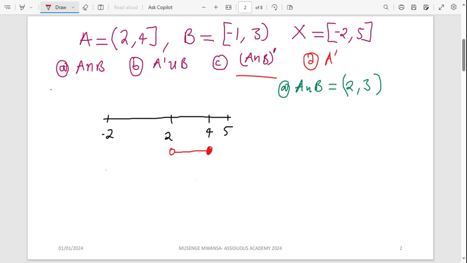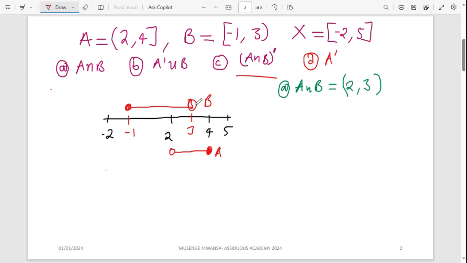Yes, that's correct. You can also do that. We'll talk about it anyways. Okay, so this is set A from 2 to 4, and then set B, look, it's starting from negative 1 up to 3. So meaning at 3 I'll not shade, negative 1 I'm shading.